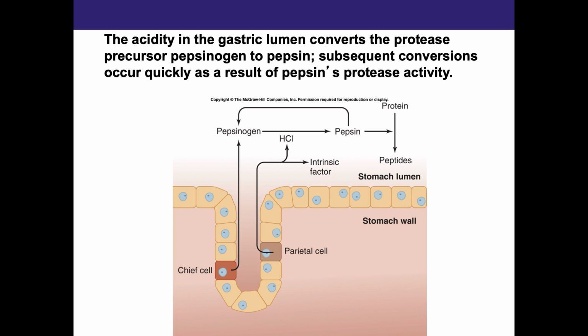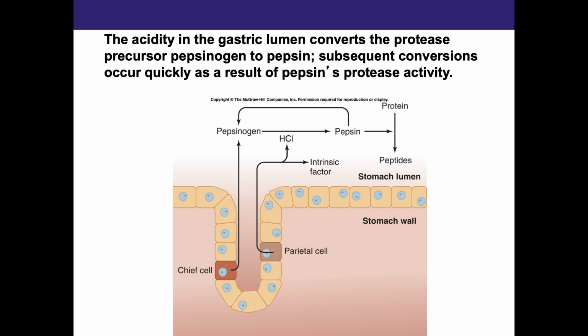So how is pepsin made in the stomach? Chief cells secrete the pepsinogen. Parietal cells secrete the acid. And it's actually the acidic environment that converts pepsinogen to pepsin. Pepsin is the active form of the protease.